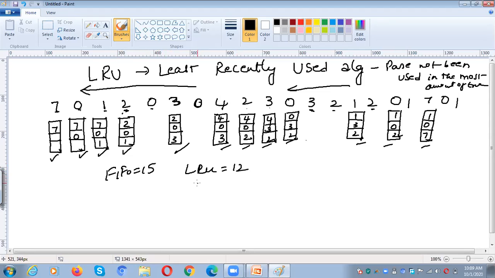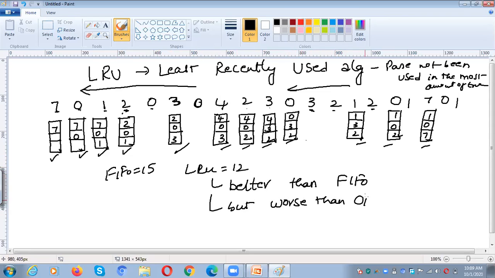So usually, 12 page faults means LRU is better than FIFO, but worse than optimal page replacement algorithm. Okay. LRU is in between both the things.